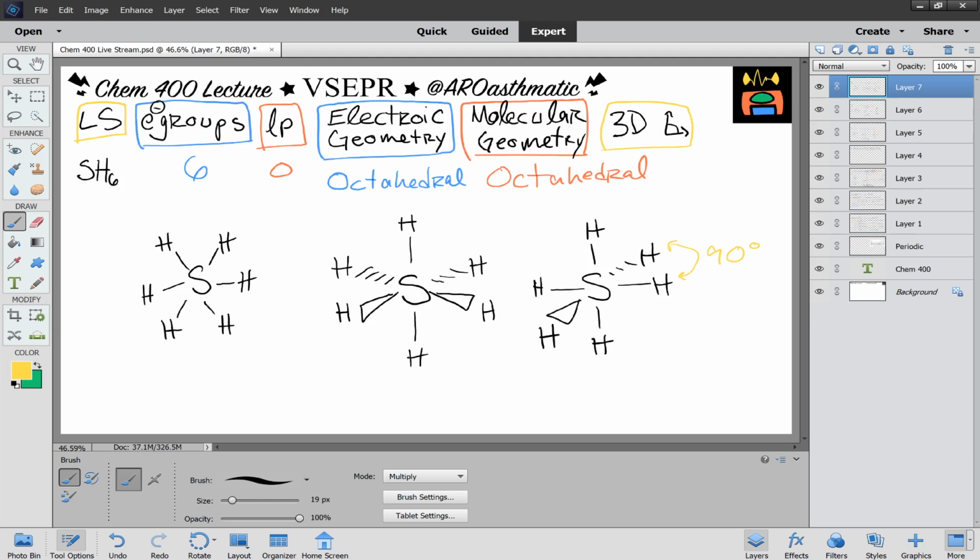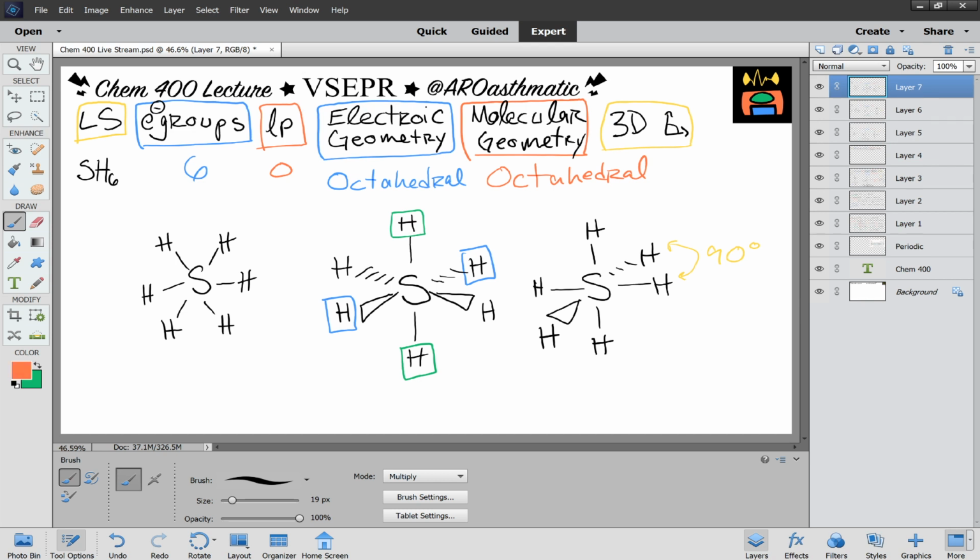Now, another thing to keep in mind is the 6 positions on an octahedron for atoms are all 180 degrees from each other, and I want to highlight that with some color. So this hydrogen right here in green is 180 degrees away from this hydrogen. This hydrogen, which I'm coloring in blue, is 180 degrees from this hydrogen.